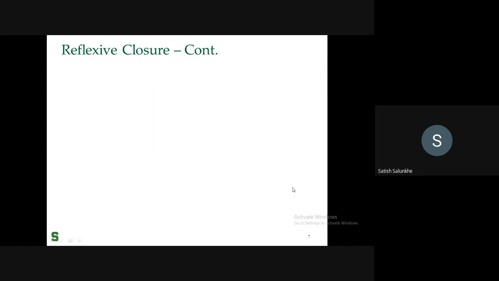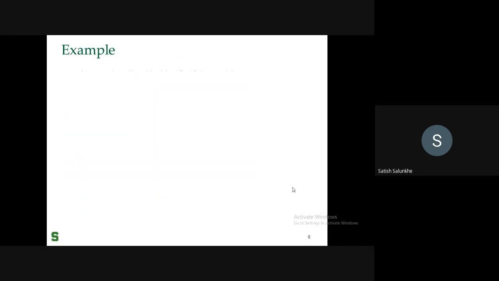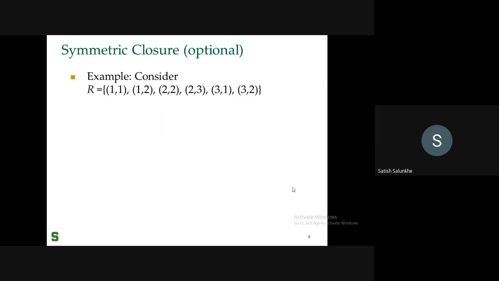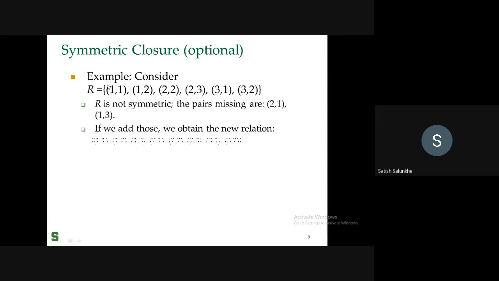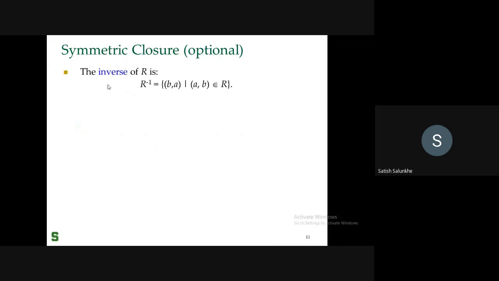Similarly, symmetric closure is what? Given relation R, and if the relation R is not symmetric, then how to make the relation symmetric?